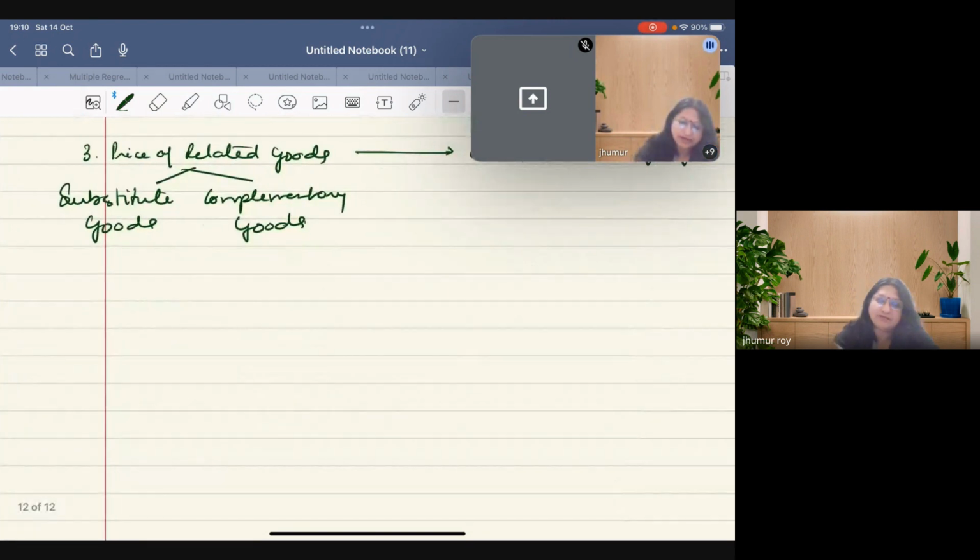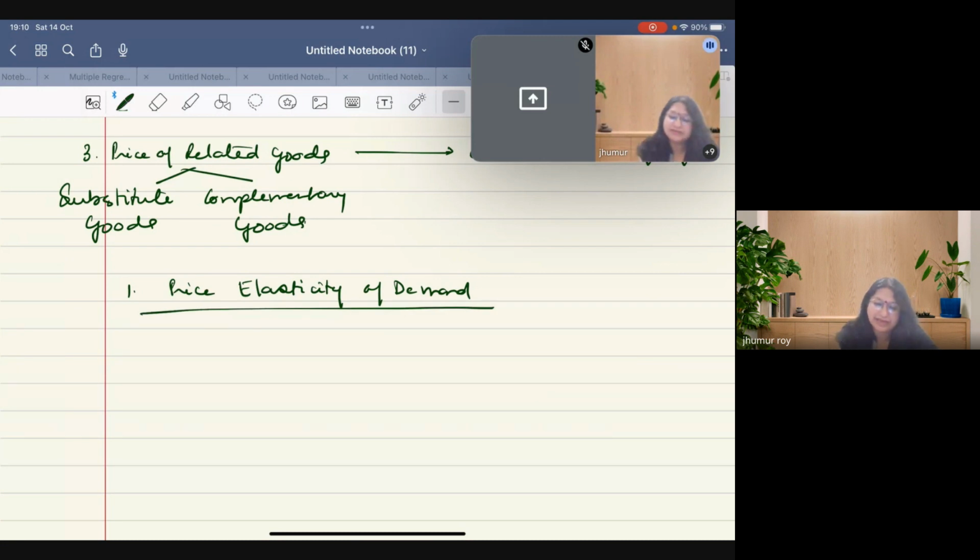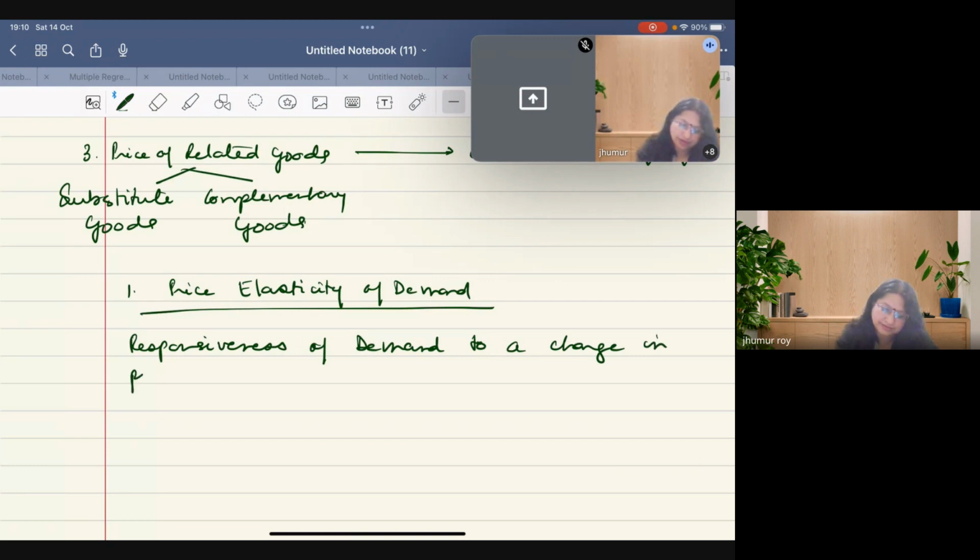Now we will start and discuss in detail the first one, that is the price elasticity of demand. Okay, so what is price elasticity of demand? It is the responsiveness of demand to a change in price. Because of a change in price, by how much is demand changing is studied under price elasticity of demand.